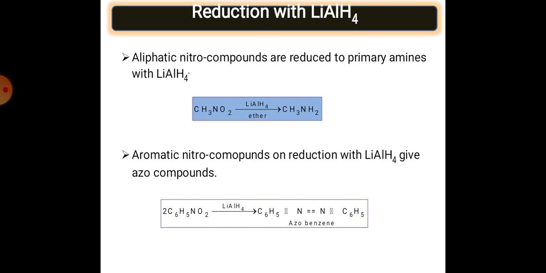C6H5-N=N-C6H5. That N=N represents the azo group. Azo is nothing but a dye. There are many compounds with a bright color that are examples of dyes, and the group responsible for that color is the N=N group. So by the application of LiAlH4 on two equivalents of nitrobenzene, that will form azobenzene. If one equivalent of nitrobenzene is given, then the resulting product is aniline.